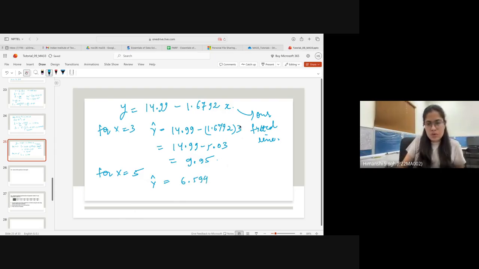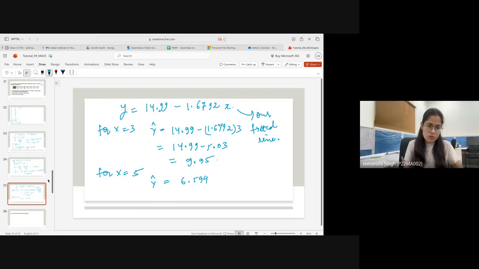So we have used 5 in place of 3, and it is coming out to be this. So as x increases, the fitted value decreases. You can see it from here also.